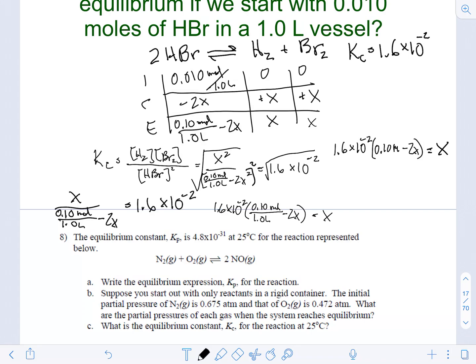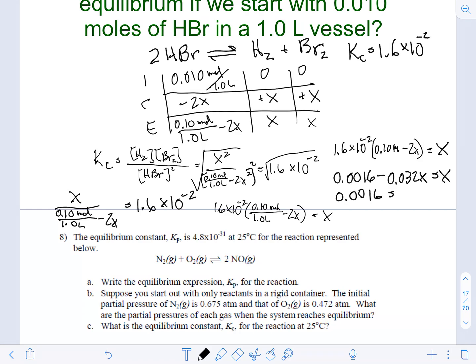So when I take 1.6 times 10 to the negative second times 0.1, I get 0.0016 minus 0.032x, and that's equal to x.